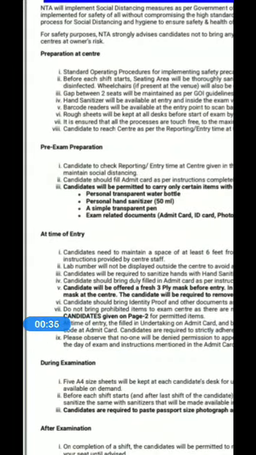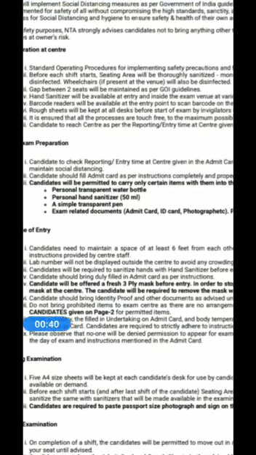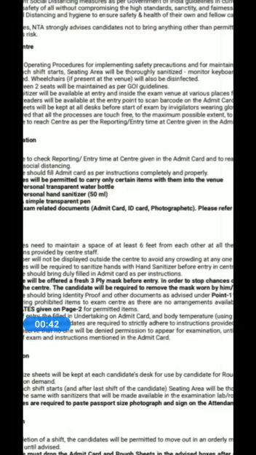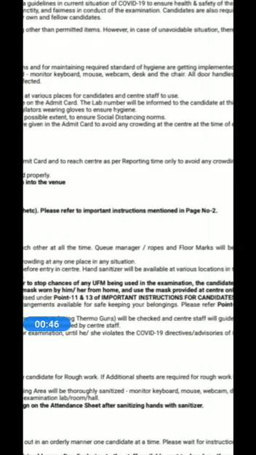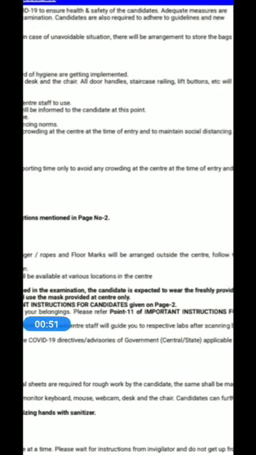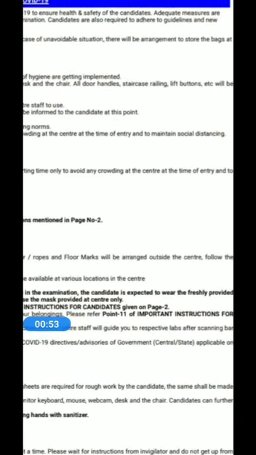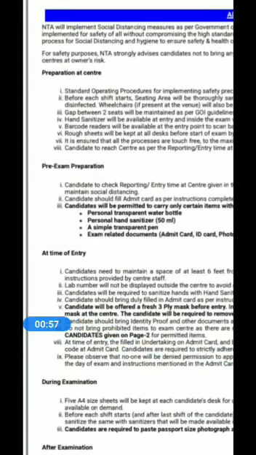Then pre-exam preparation: the candidate is to check the reporting or entry time at the center given in the admit card, and to reach the center as per reporting time only, to avoid any crowding at the center at the time of entry, and to maintain social distancing.